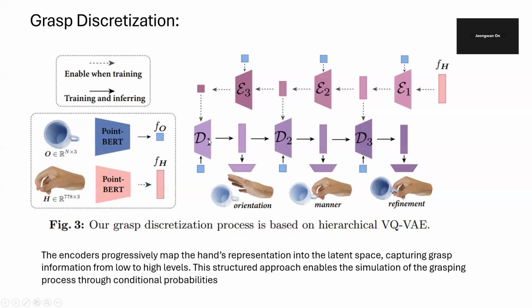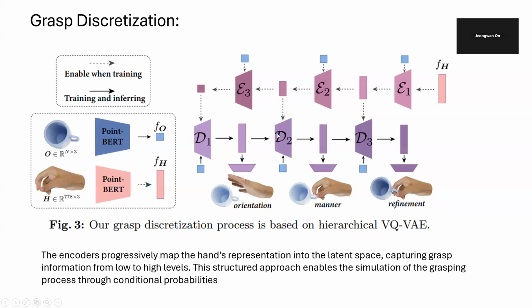Finally, the first decoder takes as input the output of the last encoder and the object point cloud feature, and it outputs a codebook vector which can be used to get the orientation token.